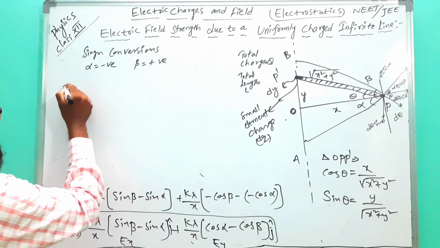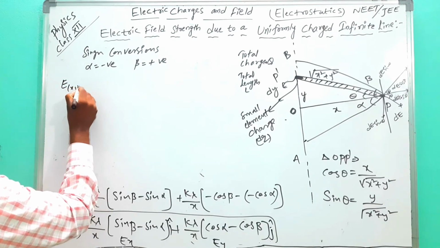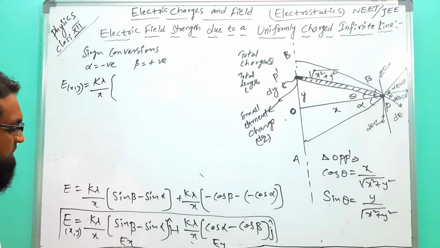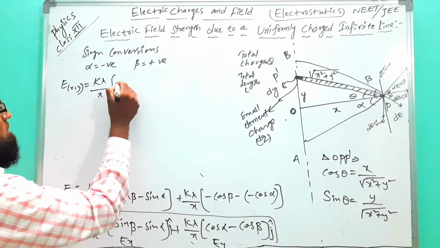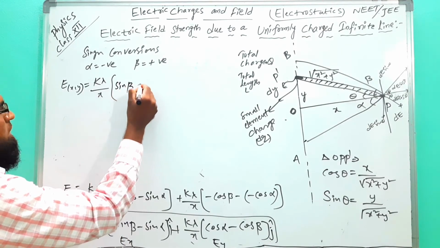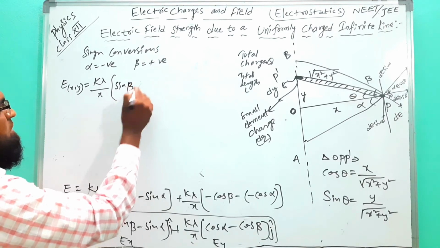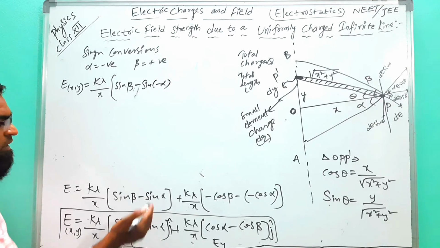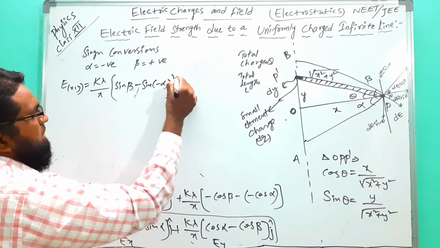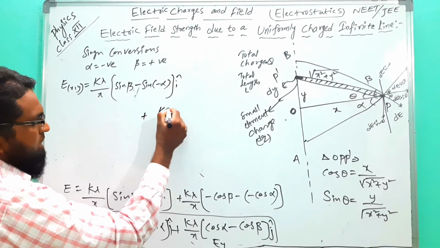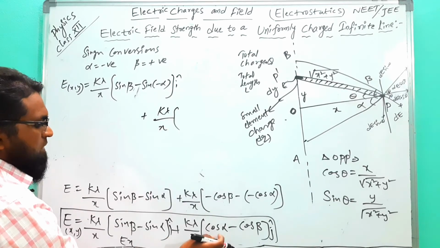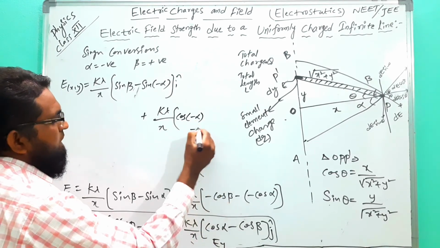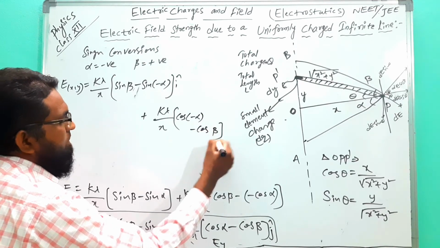Similarly, E of x comma y equals k lambda by x times sin beta, and sin of beta is positive, minus sin of minus alpha, that is the i cap component, plus k lambda by x times cos of minus alpha minus cos beta.